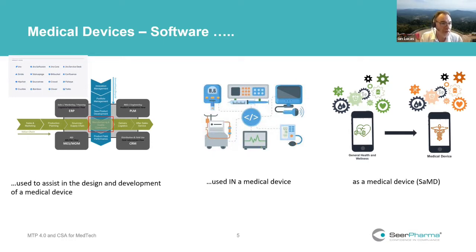And this is what the regulators really want to know: your processes, what your device is being used for, what the critical control attributes are to make that work correctly, what the process parameters are, and that you've focused your effort in your testing around those areas. And the other bits, yes, you want to see them work, but you don't have to spend the same amount of time on that.